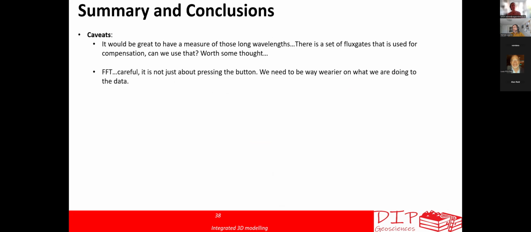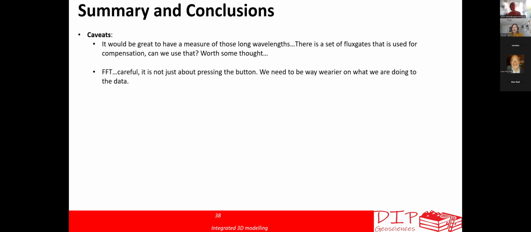And ideally, we want to measure those long wavelengths. I think we went through this when the gravity gradiometry system was starting, that initially the contractors didn't want to add a regular gravity meter there, and eventually they ended up saying, yes, actually, we need that. So we need that as well.